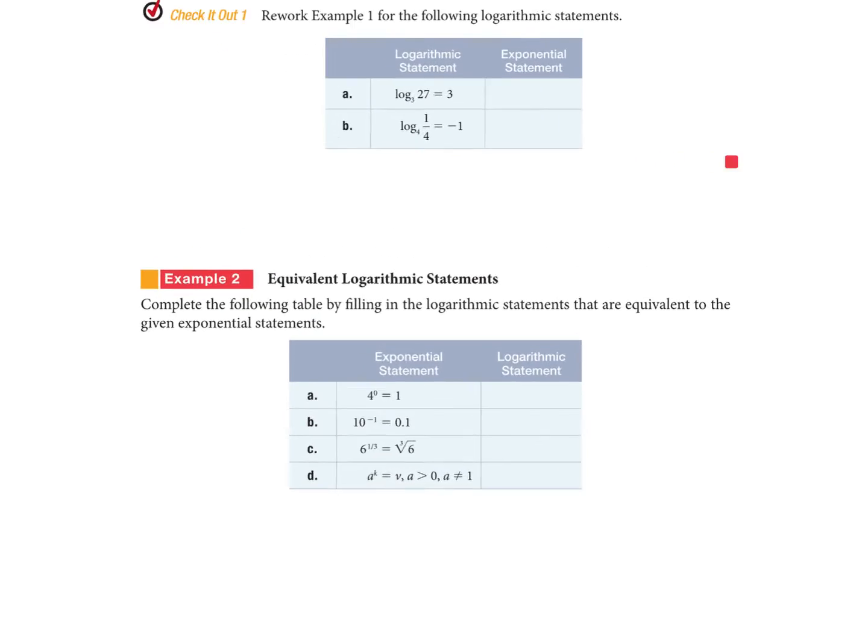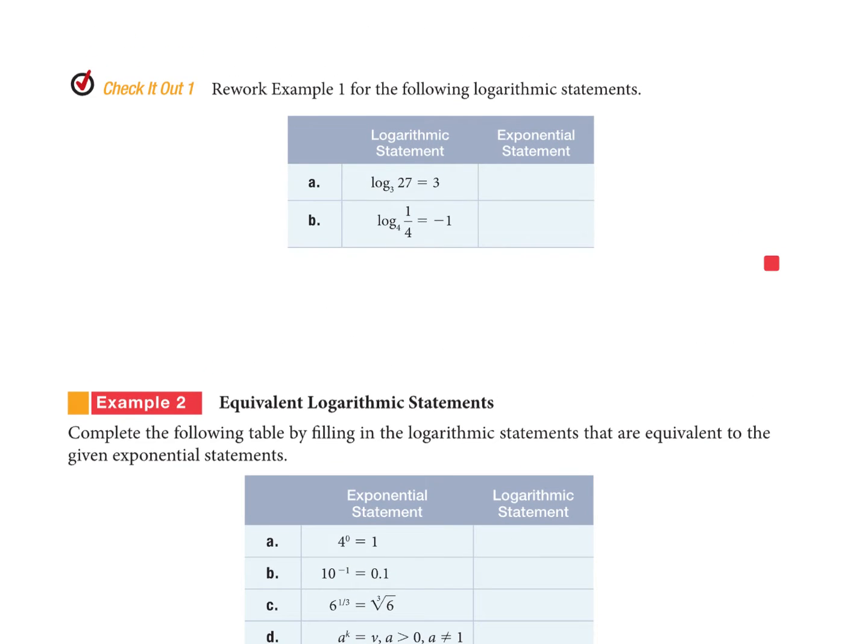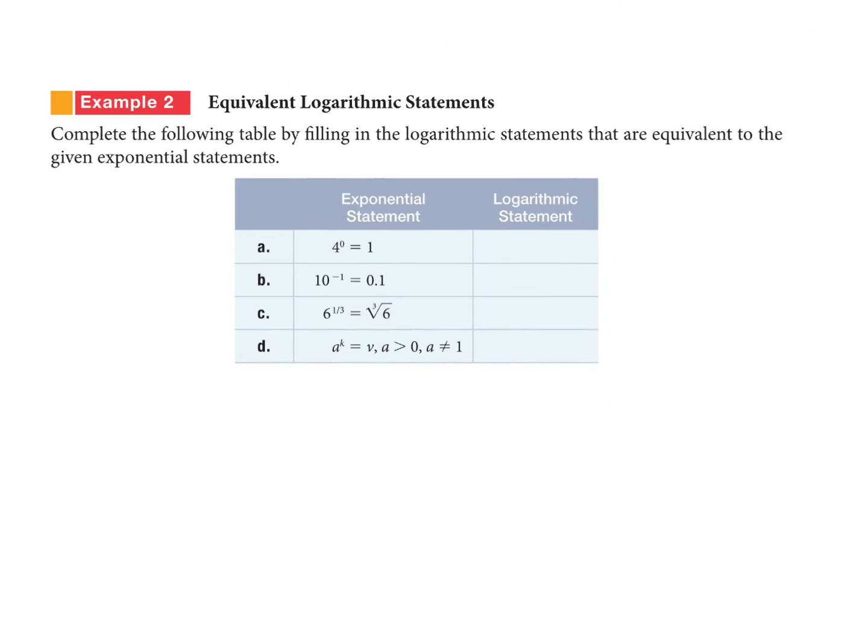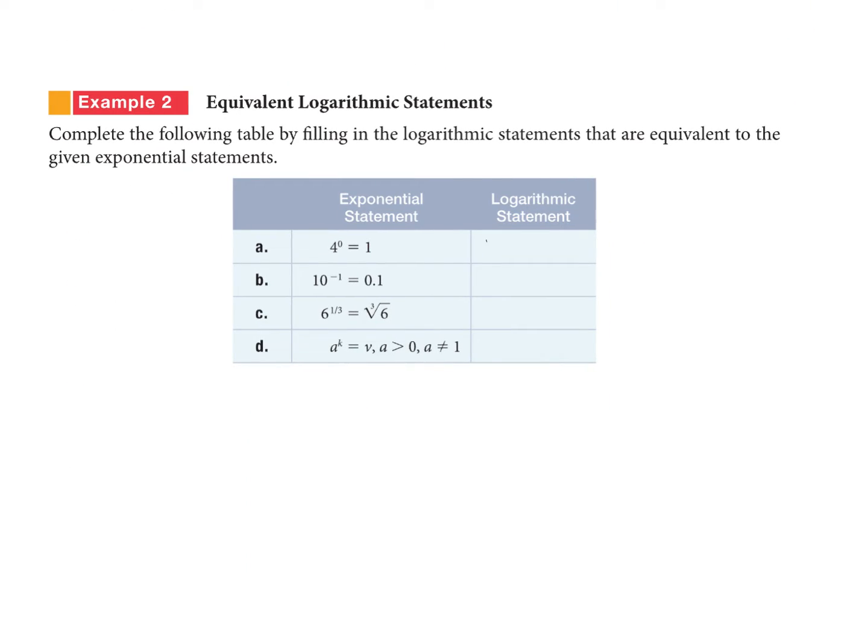All right, it says rewrite the following as logarithmic statements. Again, 3 raised to the third equals 27. 4 raised to the negative 1 equals 1/4. It's asked us to go the opposite way.